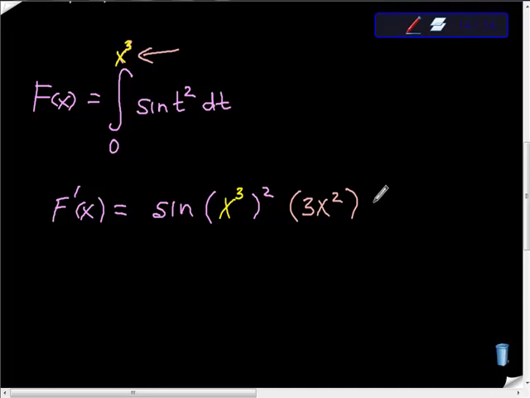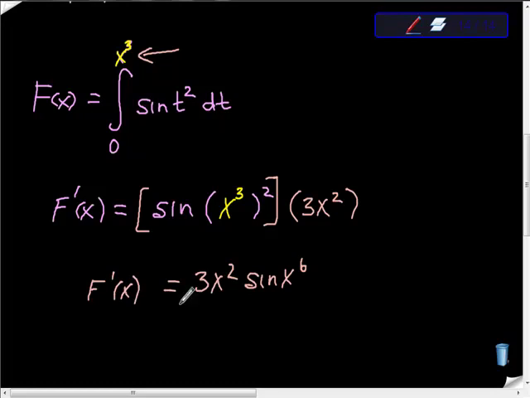Now, here we have to be especially careful. I see these x's together. We can't multiply these x values together. This is sine of this thing. So this x, which is to the 6th power, is connected to sine. So we have sine of x to the 6th power times 3x squared is our f prime of x. All right? Hopefully we're getting somewhere.